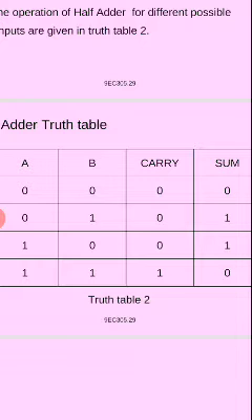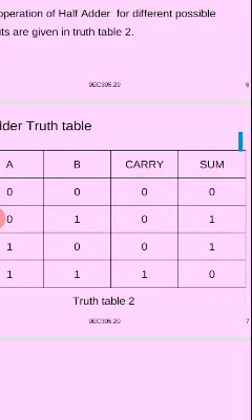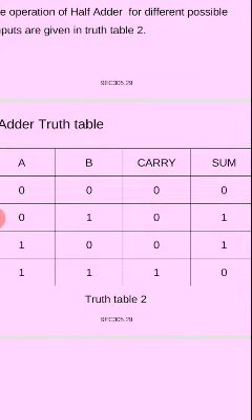For the 0 0 combination of inputs, carry output is 0, sum output is 0. For the 0 1 combination of inputs, carry output is 0, sum output is 1. For the 1 0 combination of inputs, carry output is 0 and sum output is 1.